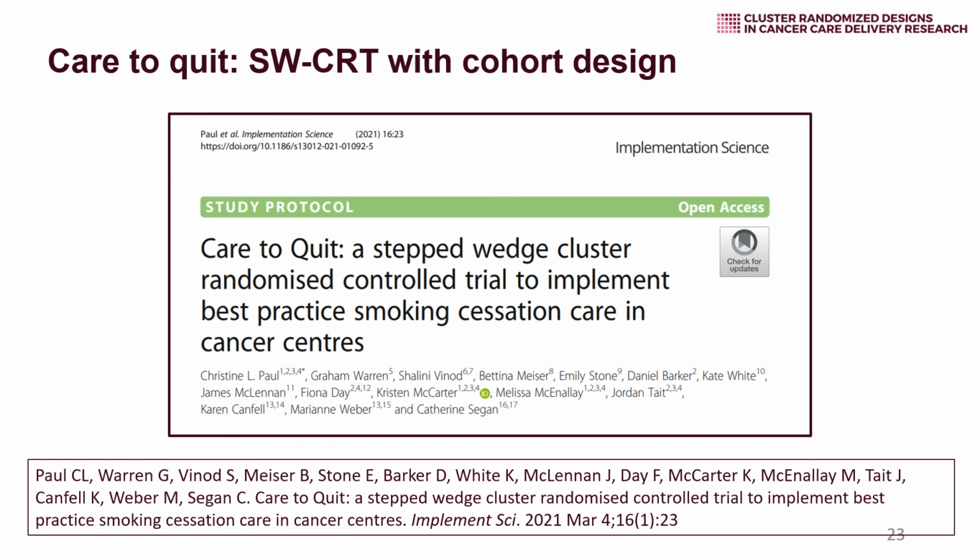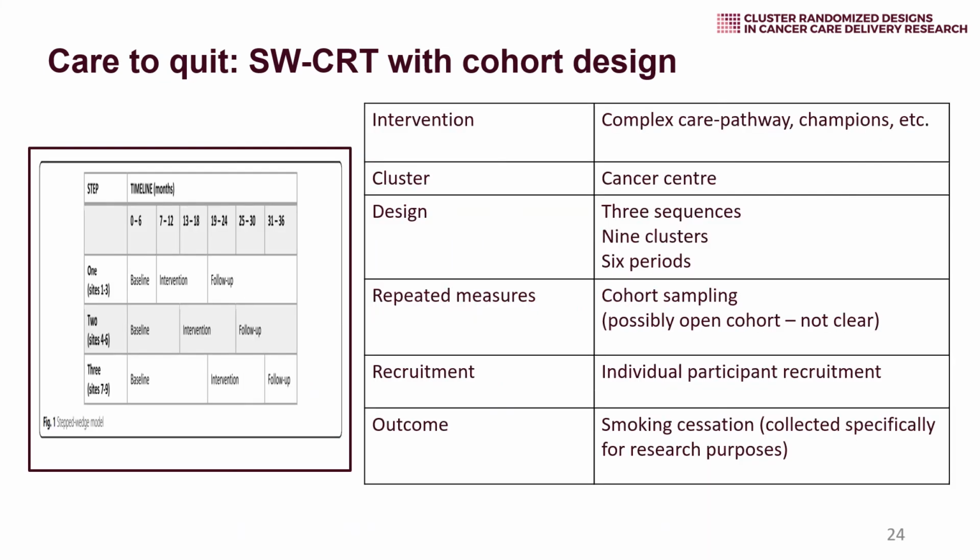So let's have a look at the Care to Quit study. Remember, this is a stepped-wedge cluster randomized design using a cohort sampling mechanism. It was an evaluation of a complex care pathway, which included things like champions. The cluster was a cancer care centre, and there were 9 clusters allocated to one of 3 different sequences, and here are the 3 different sequences.